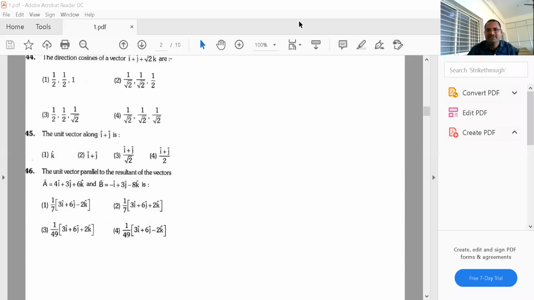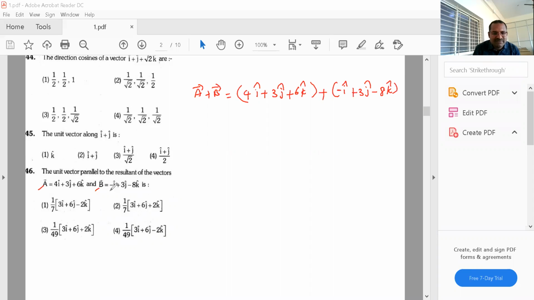Question number 46. Unit vector parallel to the resultant of A and B is given. What is the resultant A plus B? Just add them. You get one as 4i cap plus 3j cap plus 6k cap. For this you need to add B bar, which is minus i cap plus 3j cap minus 8k cap.